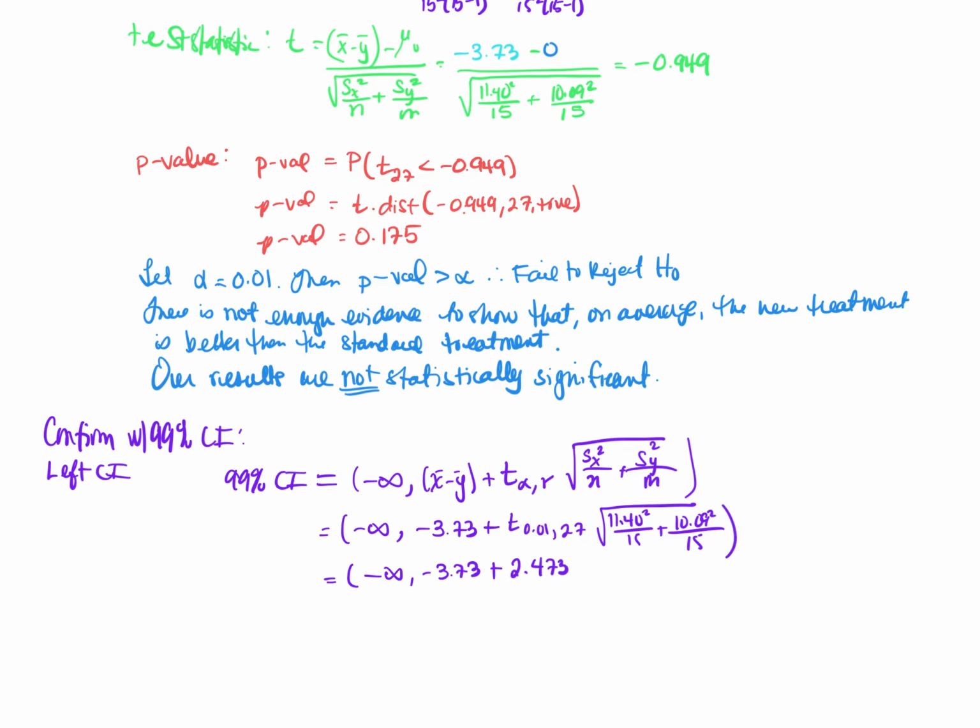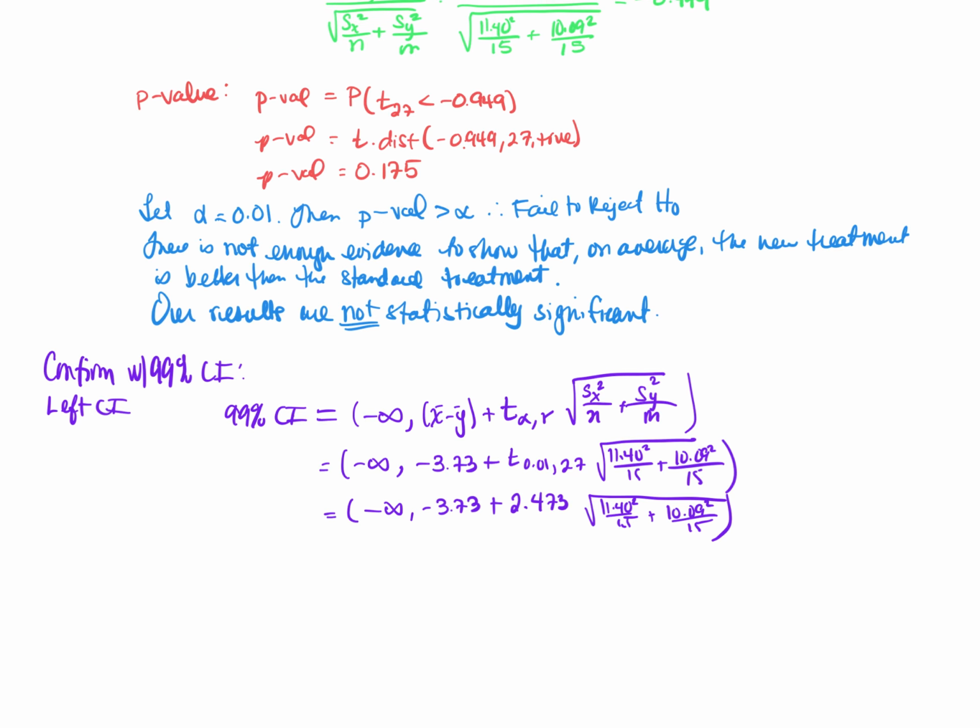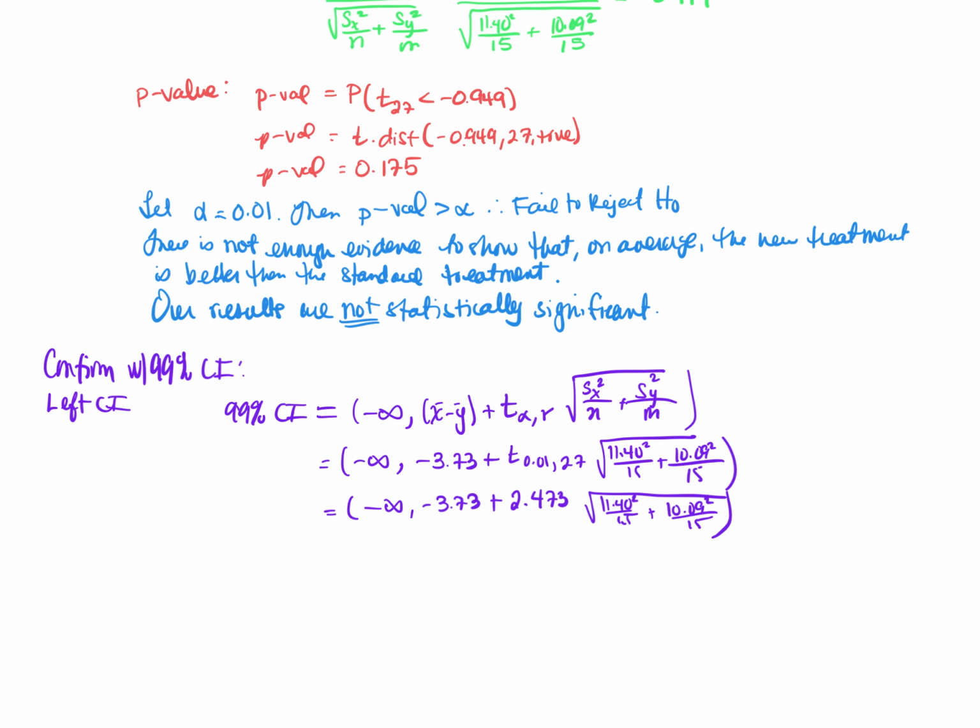And that would be times the square root of all of this: 11.4 squared over 15 plus 10.09 squared over 15. When we do all of this together, we come up with a 99% confidence interval that goes from negative infinity up to 5.99.